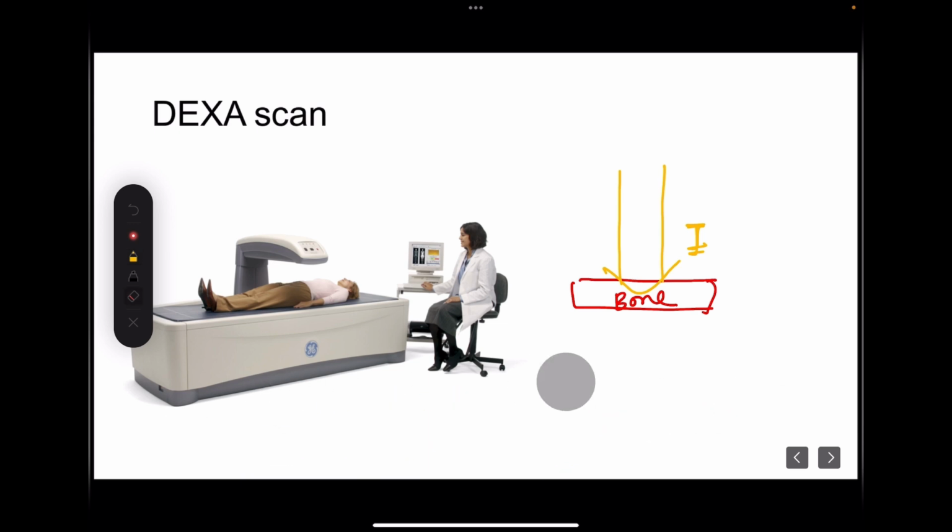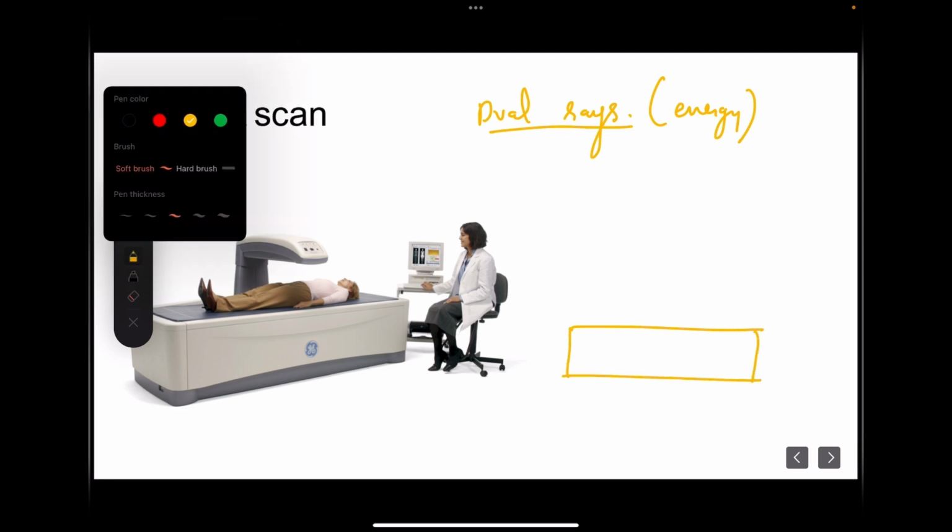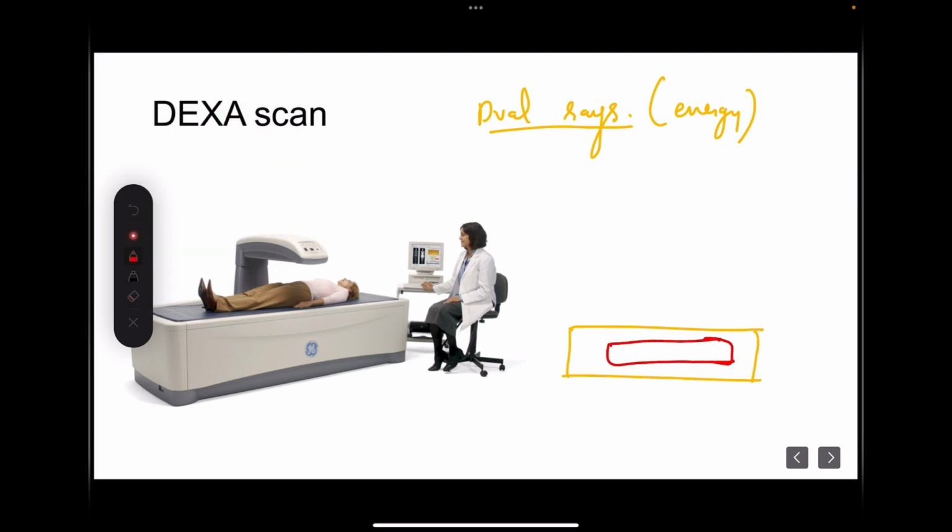Now one question that arises in our mind is why are we taking dual rays, dual energy X-rays? Because if this is the body of the patient, inside that body, bone lies over here.